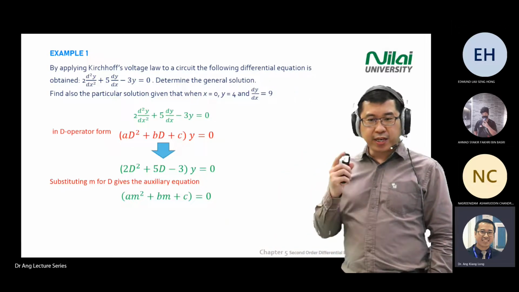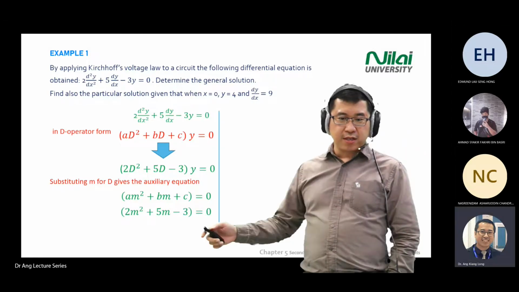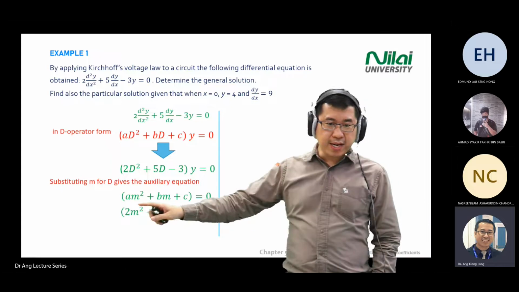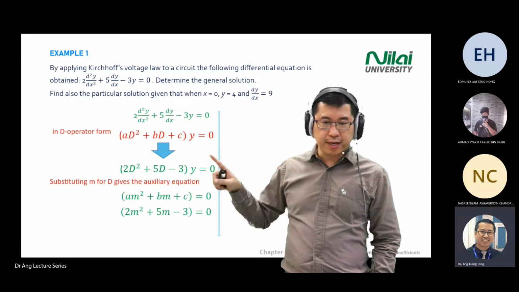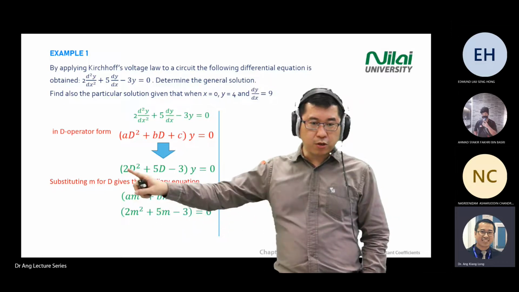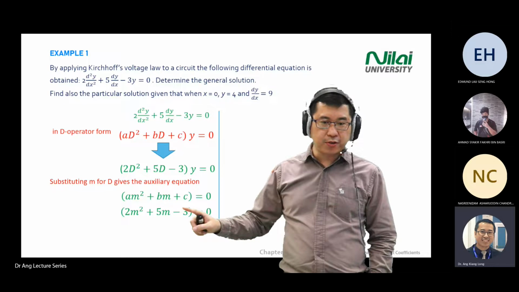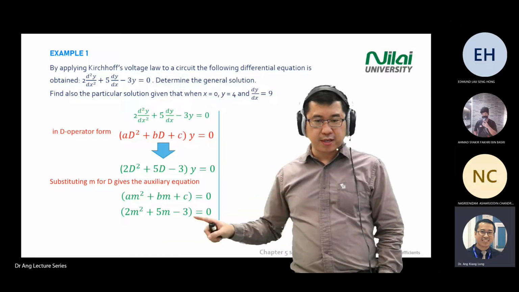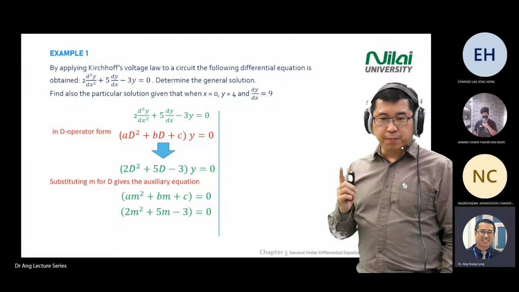You only need to memorize one equation, so you substitute. When you write this, you check with the previous step, Nizam's answer. You copy your 2 here, 5 here, minus 3 here. Then you have the quadratic equation. Then you check with b squared minus 4ac.